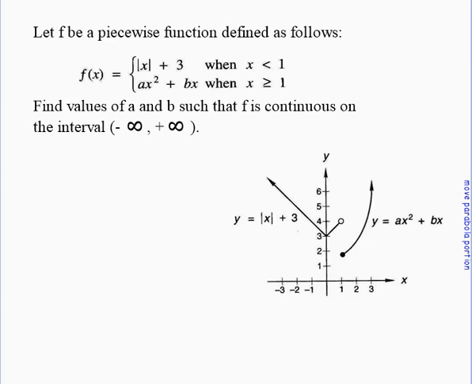Find the values of a and b so that the function is continuous on the interval -infinity to +infinity. So we want it to be continuous the whole time. Well, this function right here is set. Absolute value of x plus 3, and so it's graphed here, and that's what you would want to do. You would want to graph it for x is less than 1. So there it is, and it's continuous.